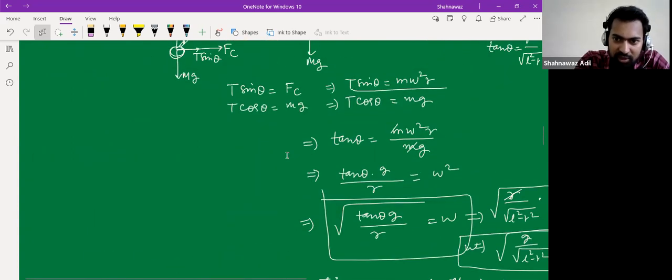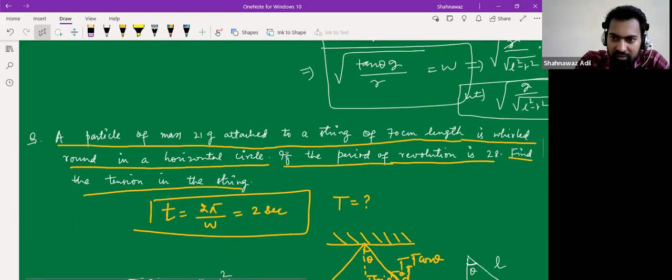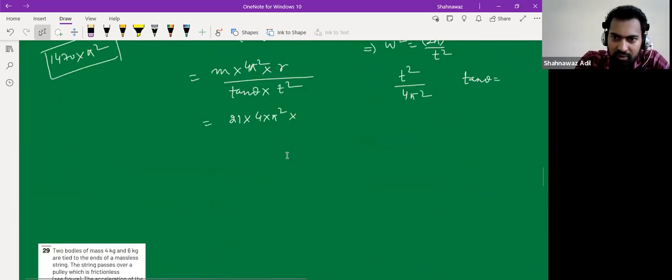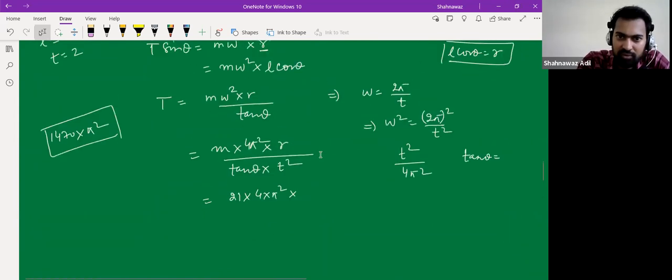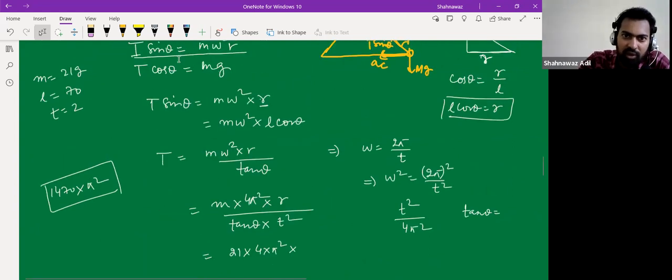T cos theta is mg. So this was the equation, right? And I substituted L cos theta, and omega I know.